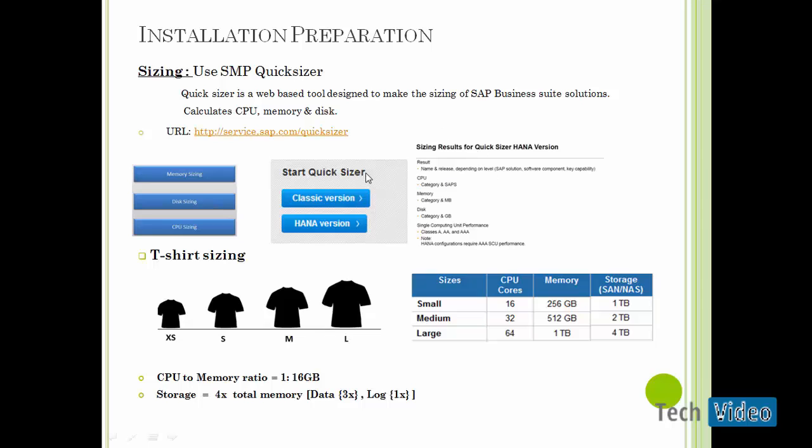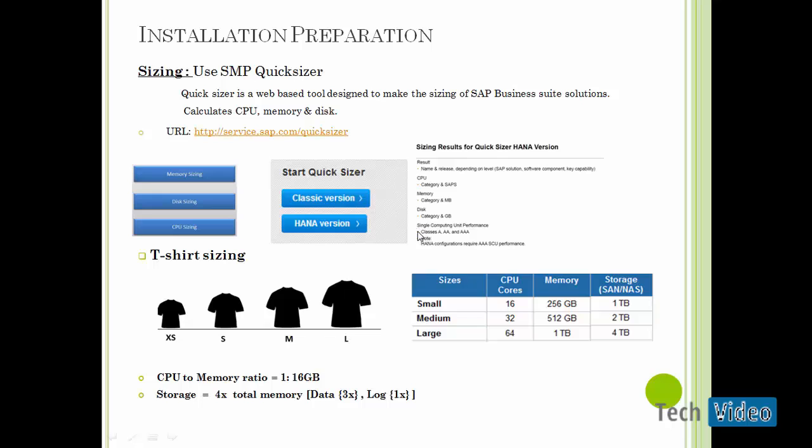The end result will be of this format, where it displays the number of CPUs to be used, the amount of memory and the amount of disk to be used in MB and GB respectively, and also mentions the computing unit performance, called SEU performance category here.